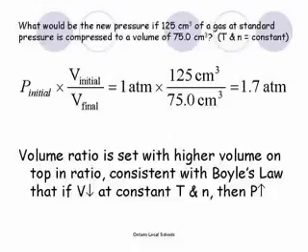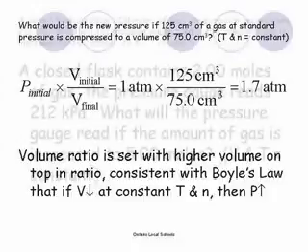The cubic centimeters will cancel, and we get a final answer of 1.7 atmospheres. So again, the volume ratio is set with the higher volume on top, consistent with Boyle's law, that if volume decreases at a constant temperature and number of moles of gas, the pressure had to have increased.